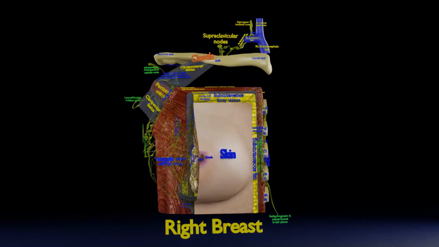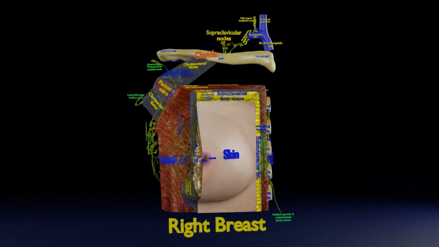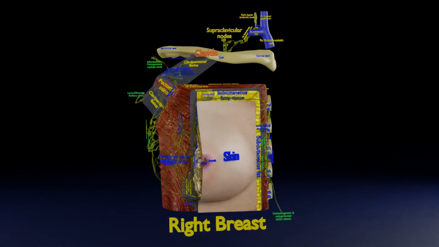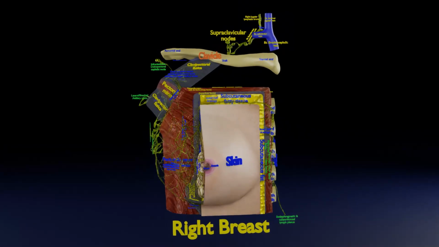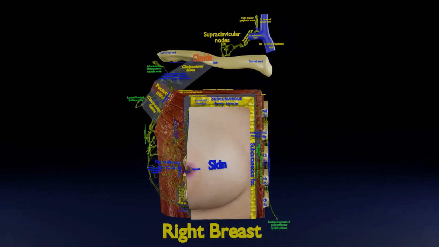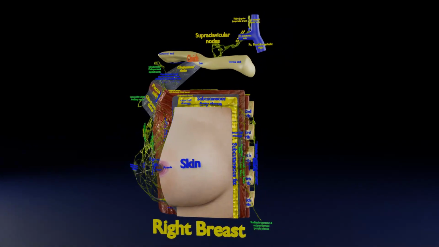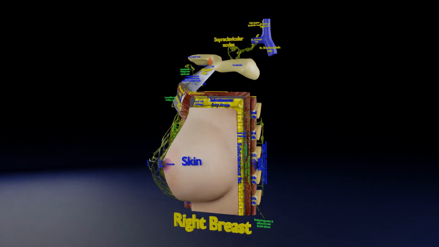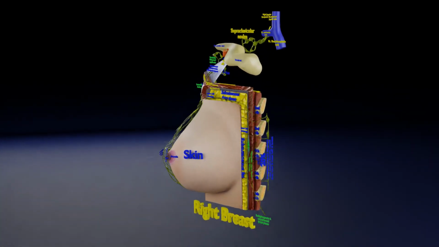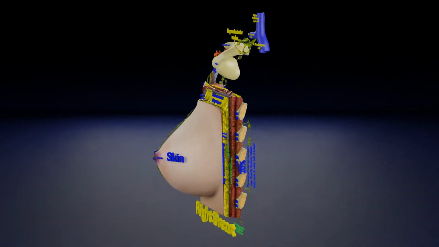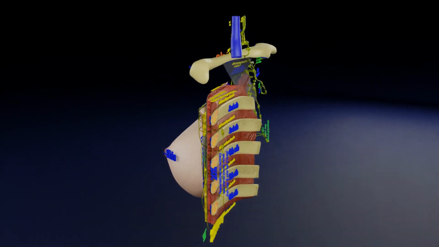It originates from both the medial inner and outer lateral quadrants of the breast. It passes through the intercostal spaces and pectoralis major into parasternal or internal mammary lymph nodes. They are interconnected across the median plane with contralateral breast intermammary nodes.